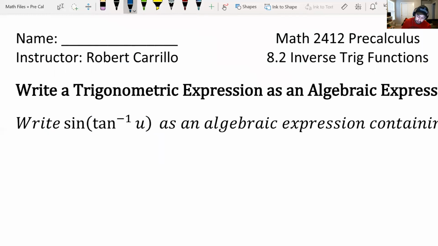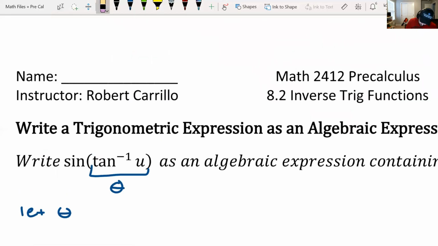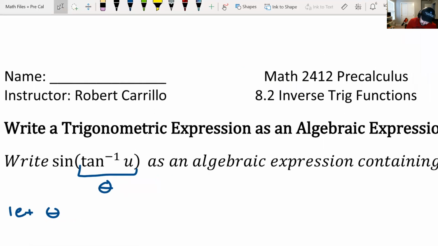So, inverse tangent of u becomes theta. So, let theta equal the inverse tangent of u.